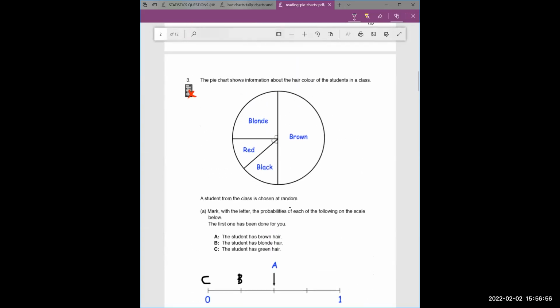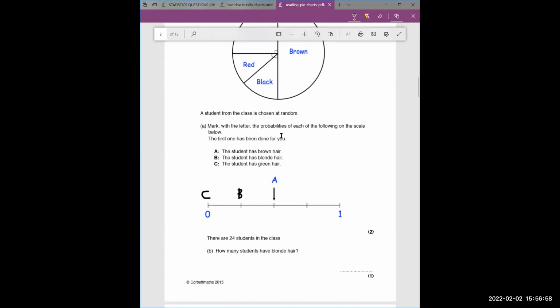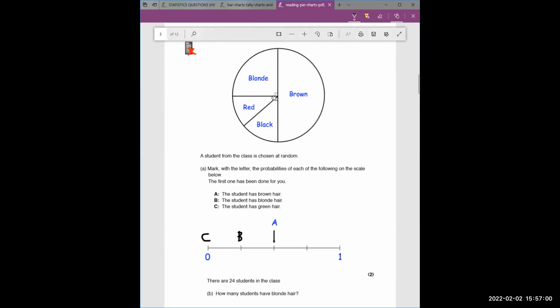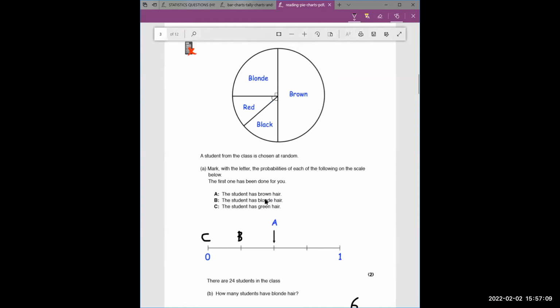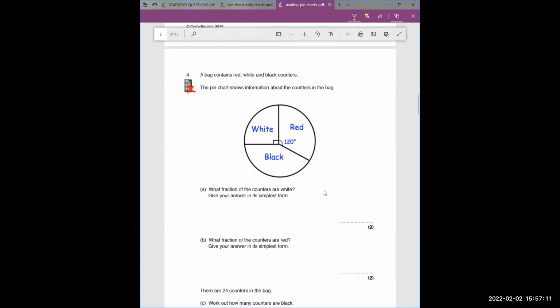Very good. So it says there are now 24. How many have blonde hair? Very good. All right, easy so far, no problem.